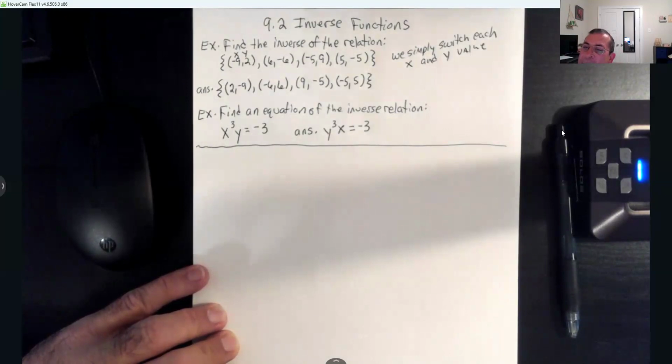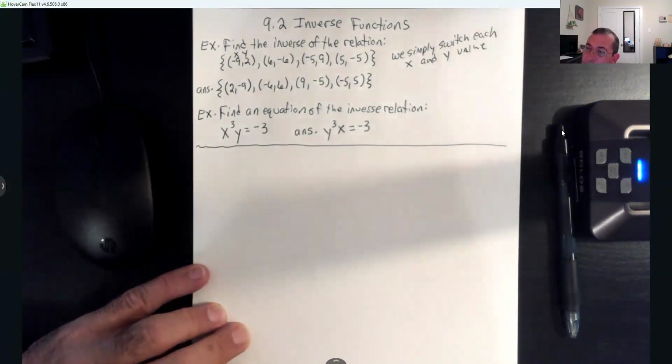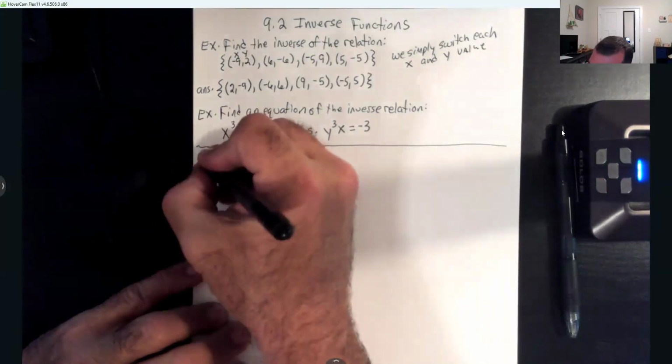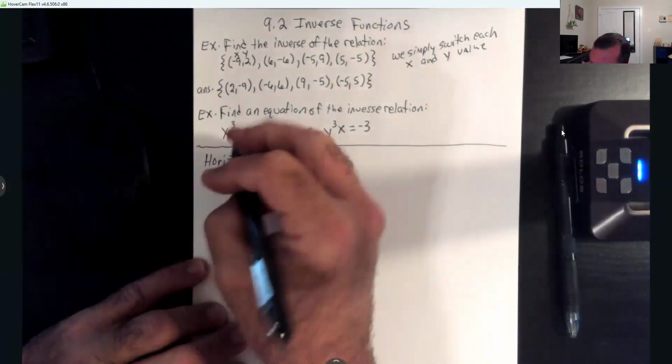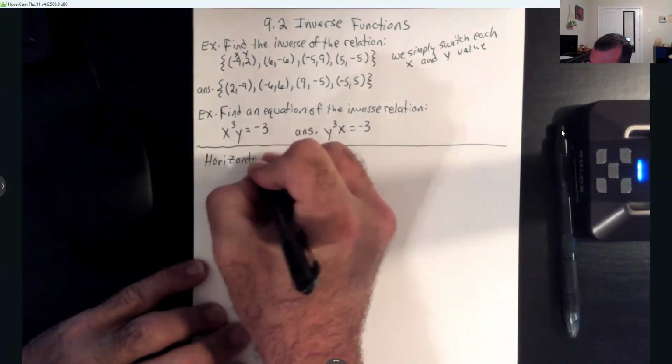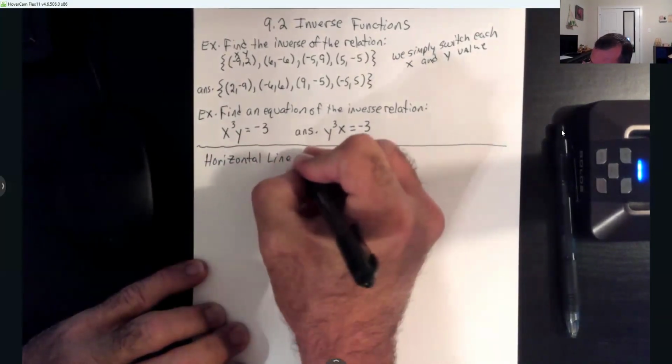And what that means is that all the y values can only have one x value. Sort of the opposite of my function, remember. For the function, the x's can only have one y. Okay? For the inverse function, the y's can only have one x. So to determine if something is one-to-one, we use the horizontal line test.